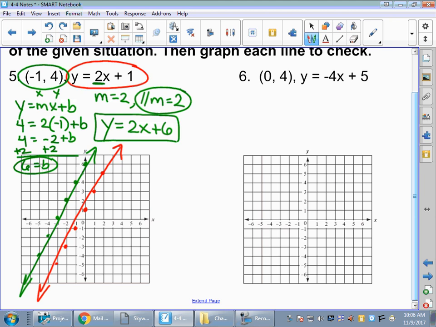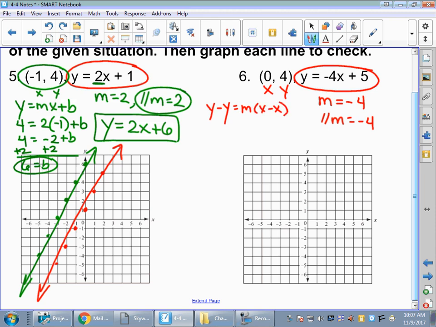Second equation here. Okay, so the original slope is equal to negative 4. So my parallel slope is also going to be negative 4. I plug in x is 0 and y is 4. I'm going to use point slope this time. y minus y1 equals m times x minus x1 to figure it out.